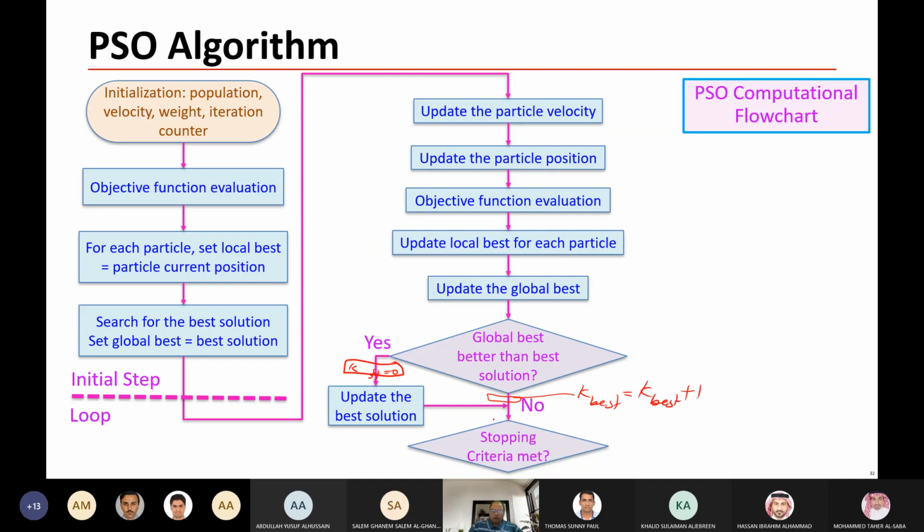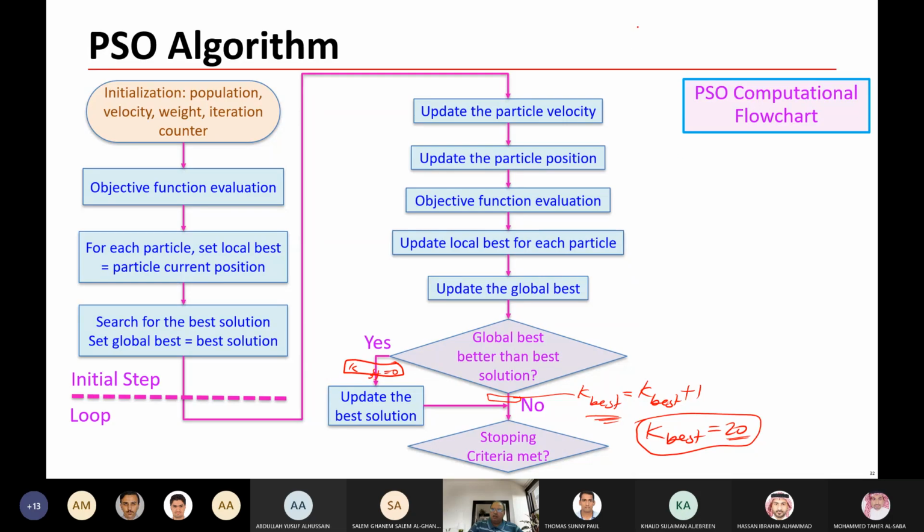This will be used for the stopping criteria. As we mentioned earlier, you can stop if you reach the maximum iteration, but wisely you can stop if the best solution doesn't change for a long time. For example, if kbest equals 20, then I can stop. That means the best solution hasn't changed for 20 iterations.